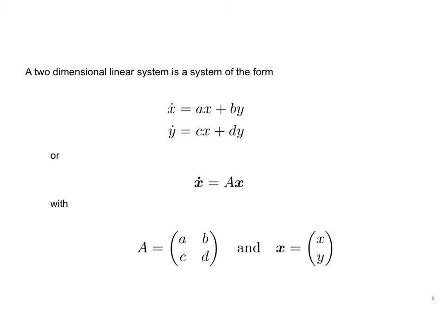Now these coefficients a, b, c, d can be introduced in a matrix, in this example 2 by 2, because we have just two equations, and the vector x, here in bold notation, is just (x, y).